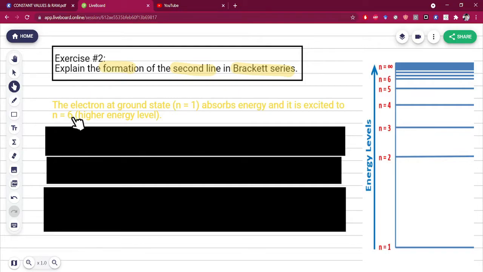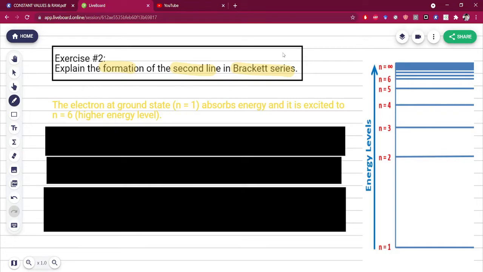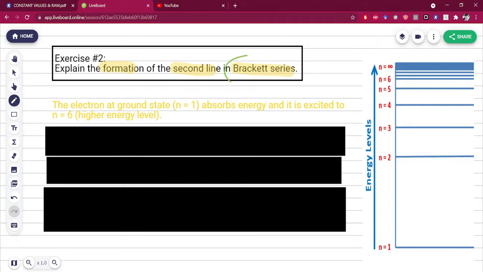How do you know it's going to be n equals 4? Because it is on the second line of Brackett series. Remember, for Brackett series, I'm going to use a different colored pen. You have to remember that for Brackett series, the n final will be equal to 4.